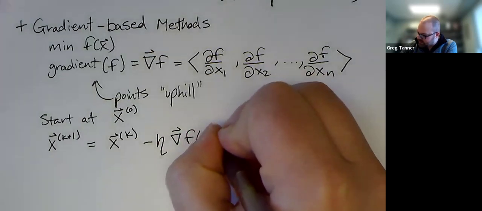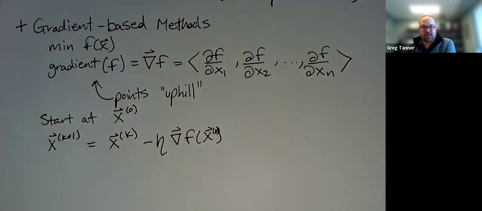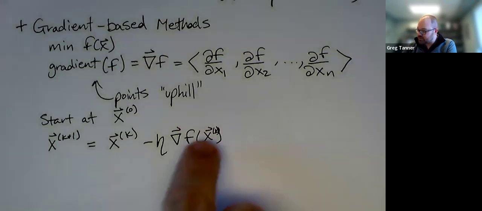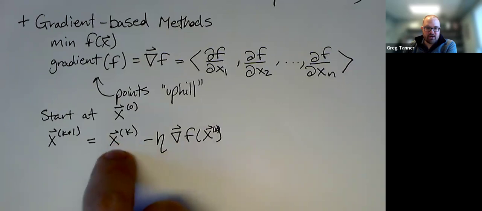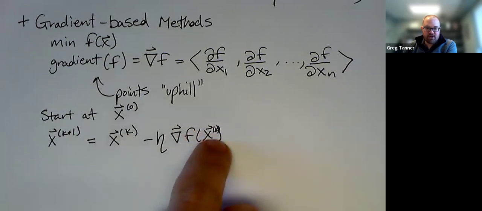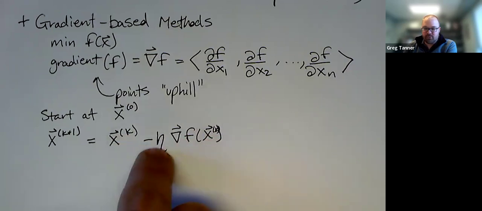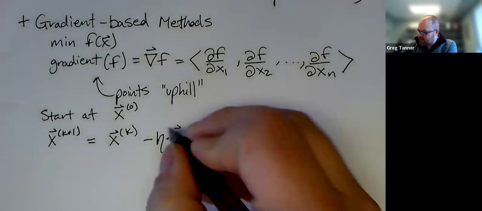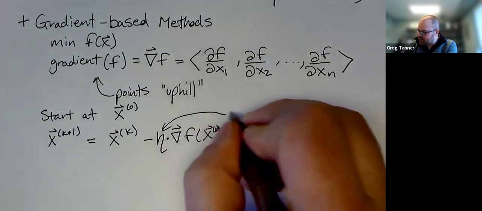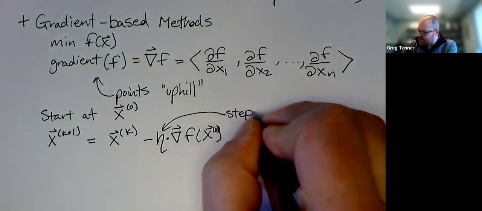And we evaluate that gradient at the previous step, at the previous x. So at each step, we have our current solution, we plug it into the gradient function, and that will tell us which direction to go. And we multiply that by a small number here. Eta is what we call the step size.